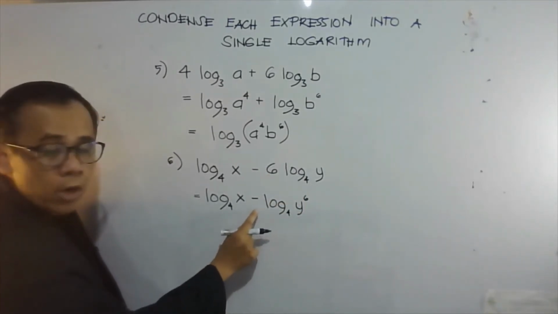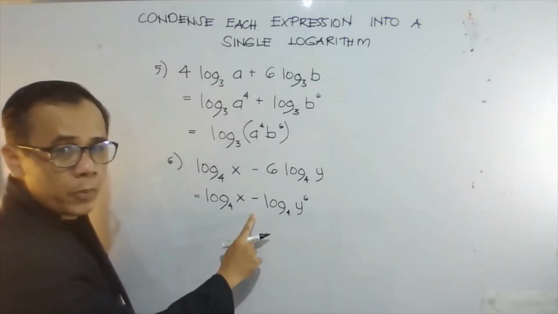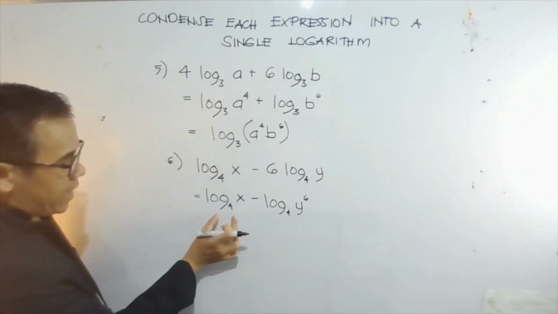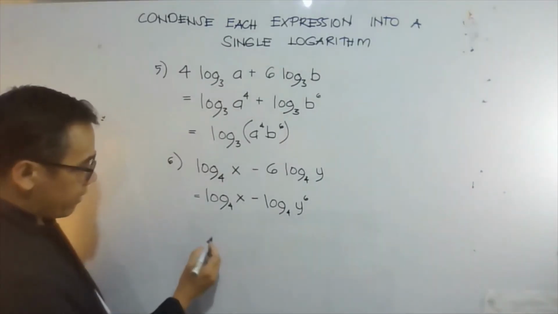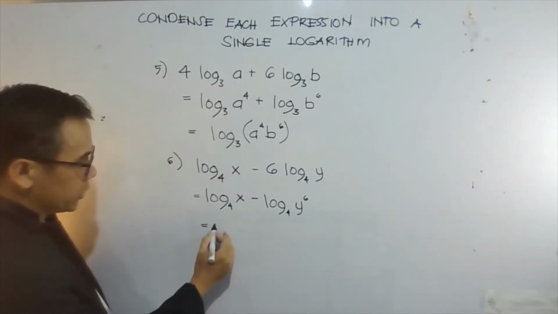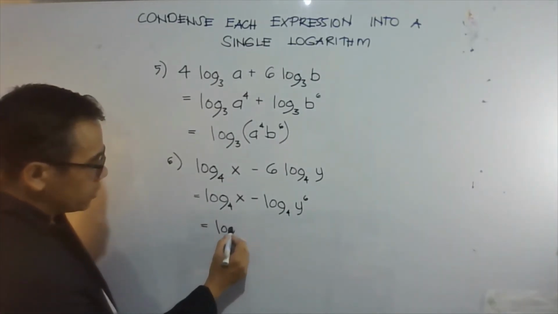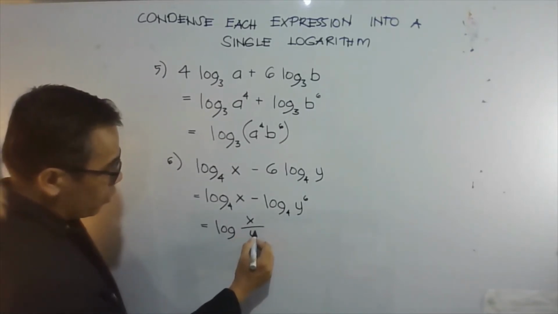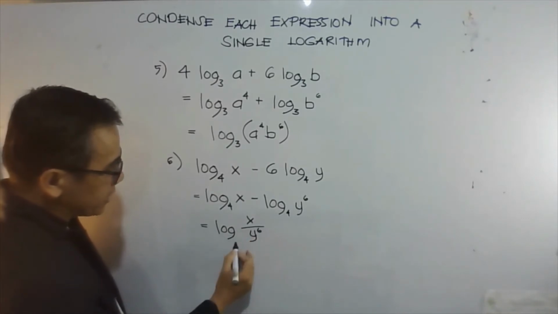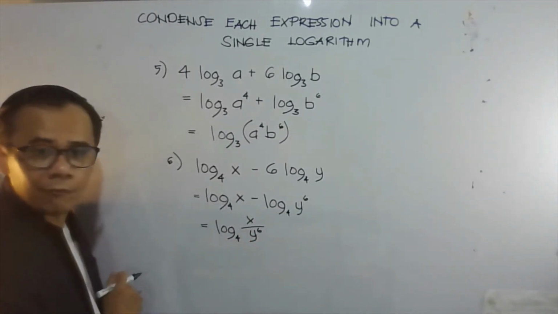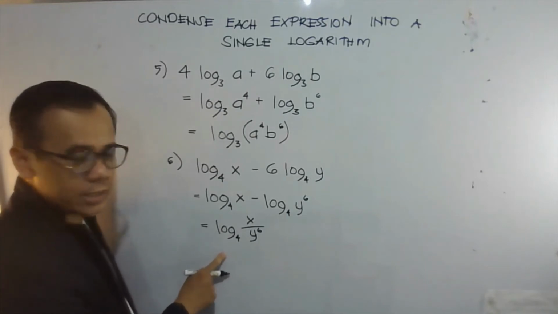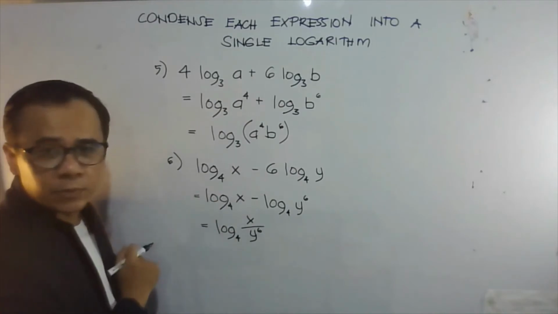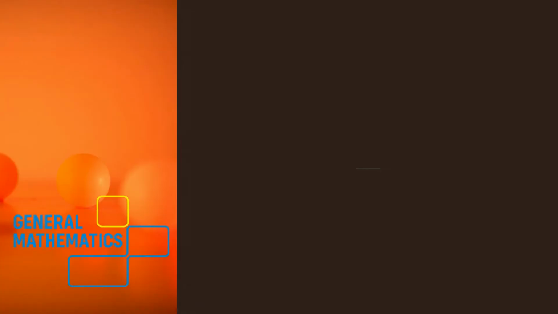Now, since this is subtraction, we're going to use property number 6, which is the quotient rule. And since they have the same bases, we can combine them. It is now equal to the log of x over y raised to the power of 6 base 4. So this is now our final answer. We now have a single logarithm from this expression.